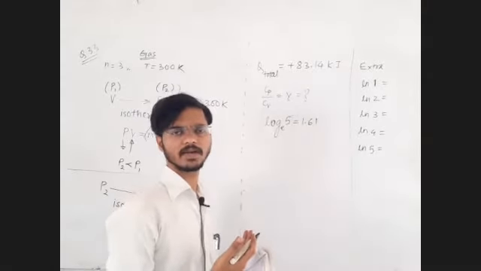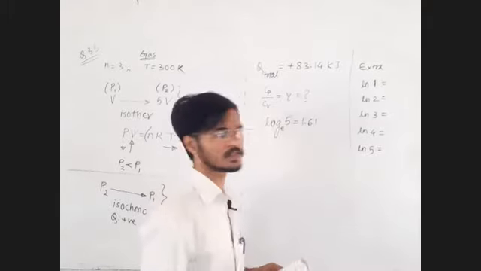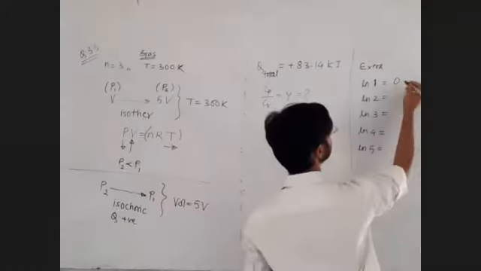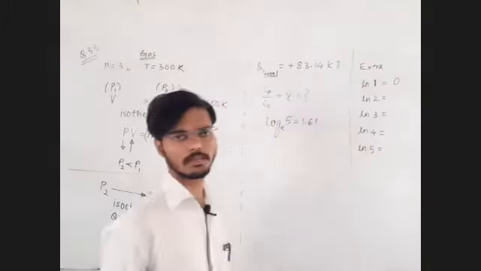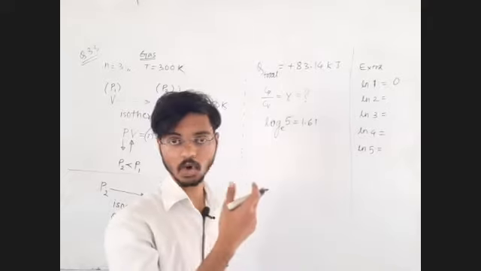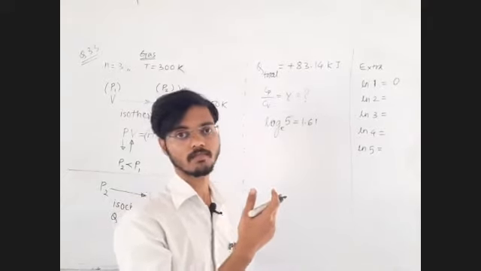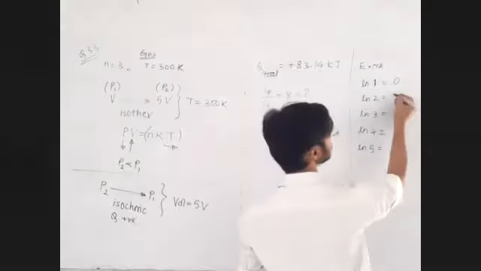Ln 1, log 1, is 0. Good. Everyone is correct. Ln 2, not log to the base 10, log to the base E. No mistake. Perfect.